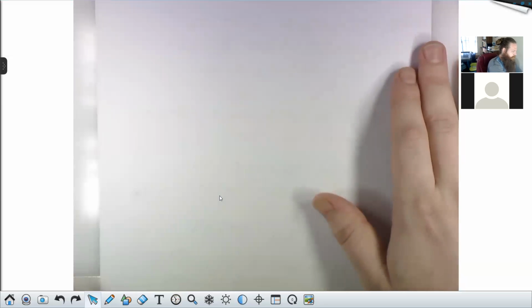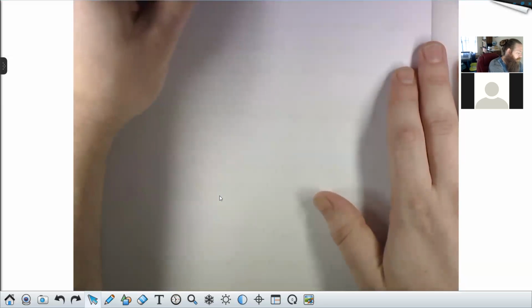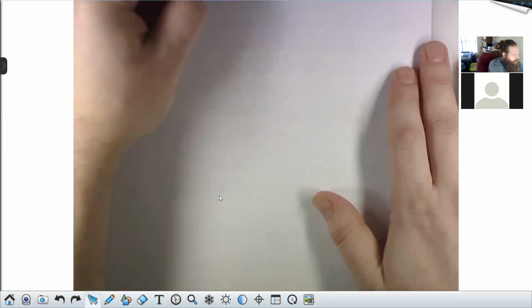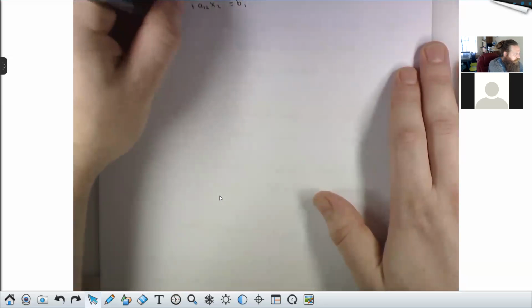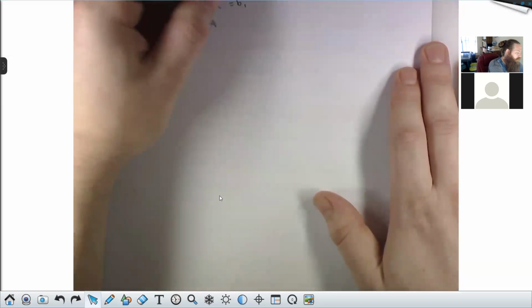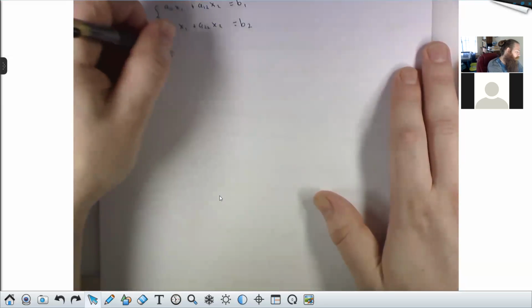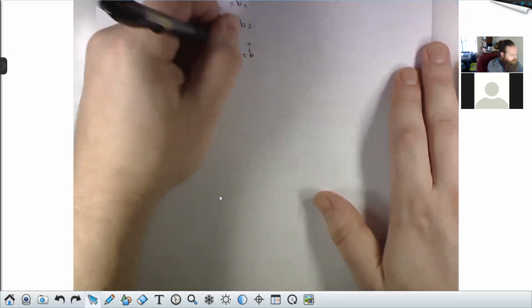Okay, so in particular, a 2x2 system, something like A11 x1 plus A12 x2 equals B1, and A21 x1 plus A22 x2 equals B2, can be written as AX equals B. X and B are vectors.